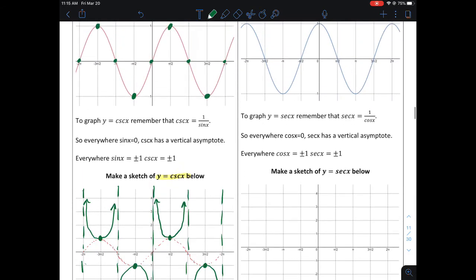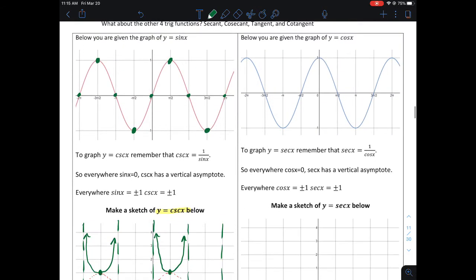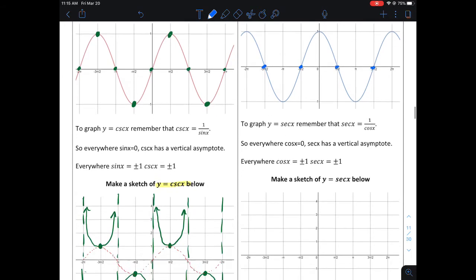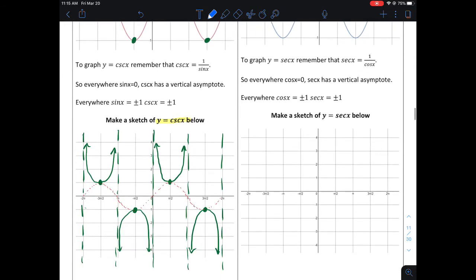Now secant, I would do kind of the same thing. Secant is the reciprocal of cosine. So everywhere that cosine equals 0, secant's going to be undefined. So secant's going to be undefined on all the pi over 2's. So I'm going to make vertical asymptotes at all the pi over 2's.